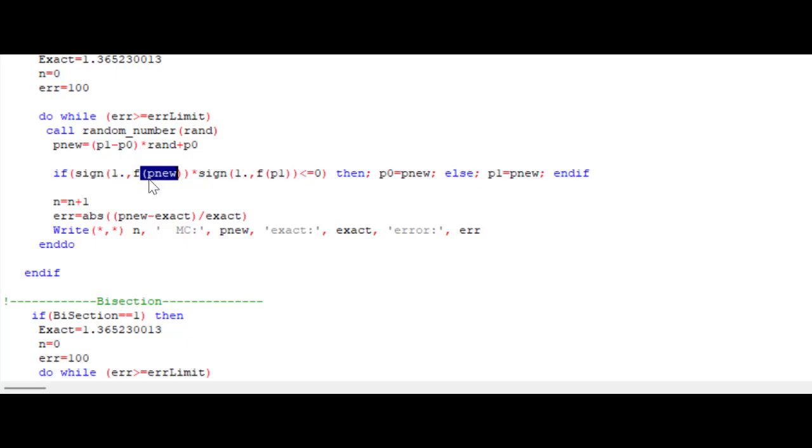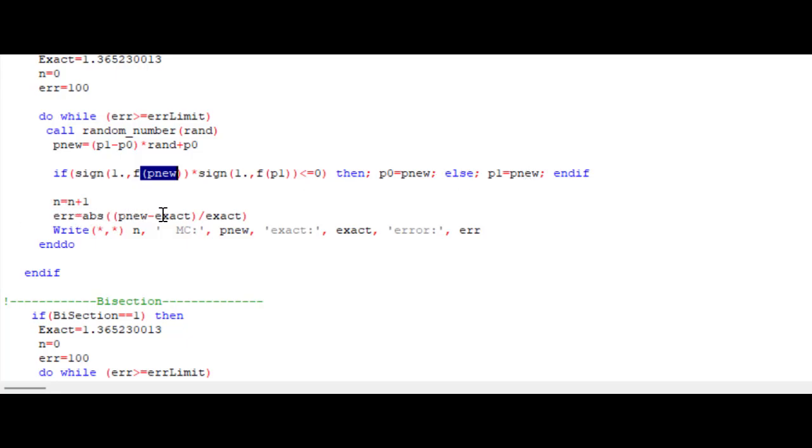If the signs of these expressions are not identical, so the result will be less than 0, then the new value of P0, which is the left side of the interval, will be P new, else the P1, which is the right side of the interval, will be the new guess of the root. This way you can decrease the interval, and then after generating enough random numbers, you will reach the roots.